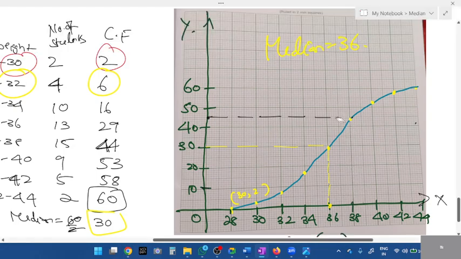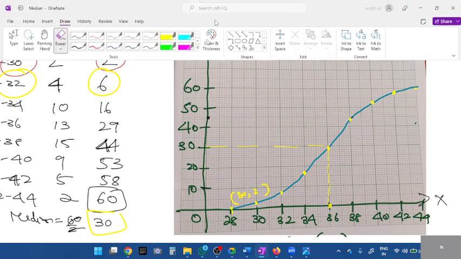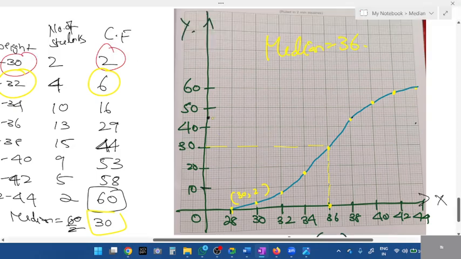Let me draw the line. It is not 38. Is it exceeding more? For 45, if I draw a straight line, I'm getting just one line, one or two lines above, after that, one or two lines. What are you all getting?